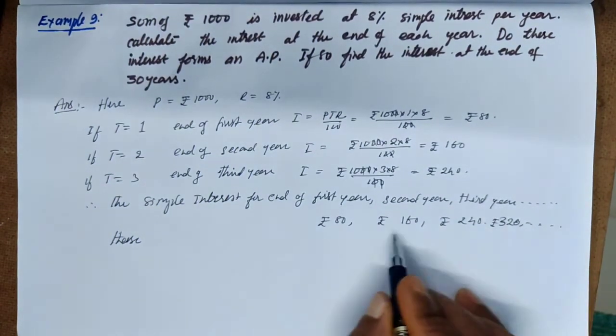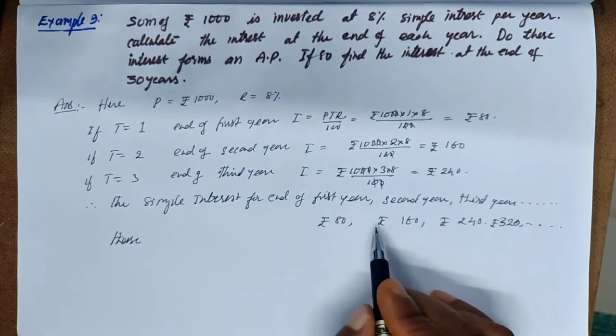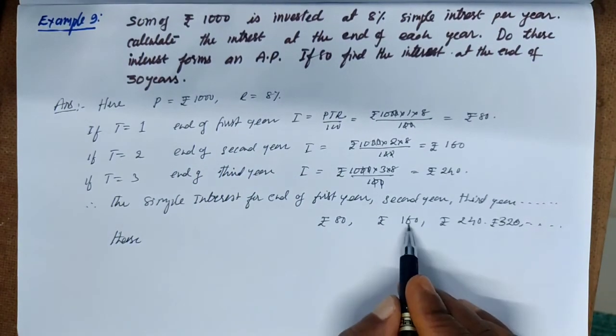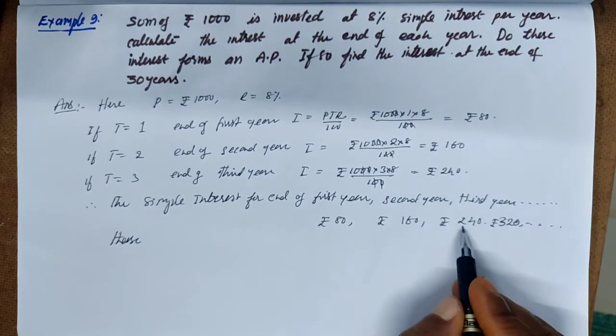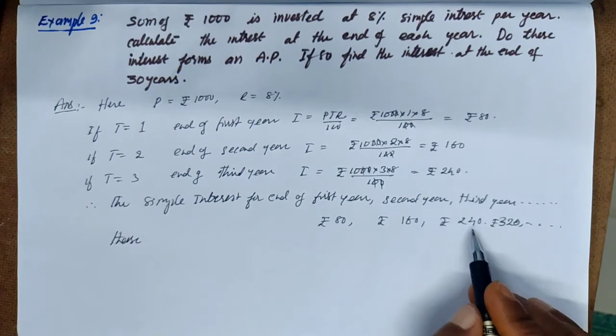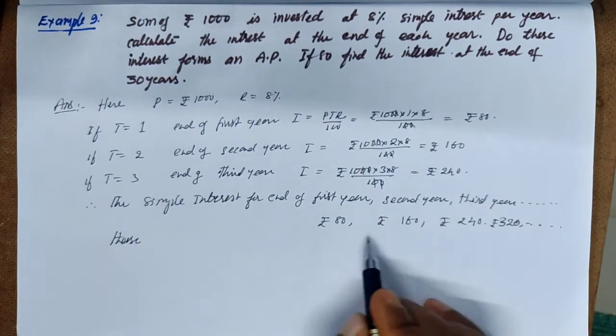In this way, the difference between 80 and 160 is 80, between 160 and 240 is 80, and the difference between 240 and 320 is again 80. So there is a common difference.